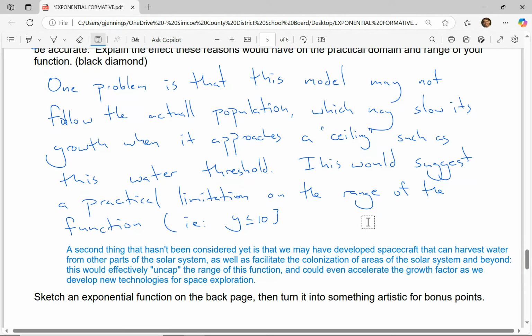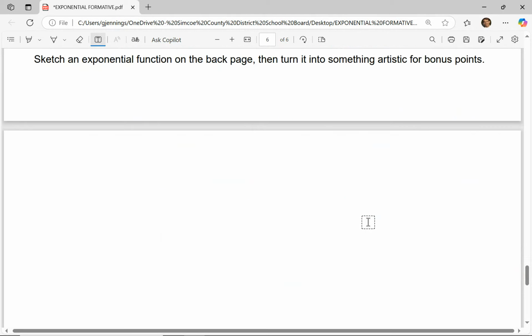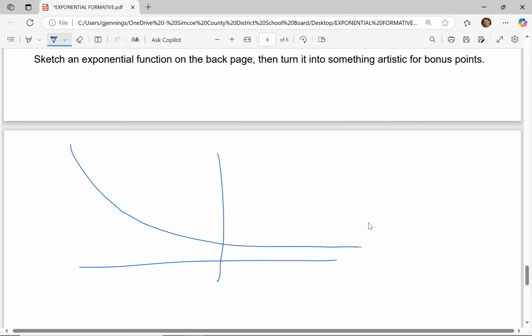Okay, last thing. Sketch an exponential function on the back page and turn it into something artistic. Don't mind if I do. I am on the skateboard. There.